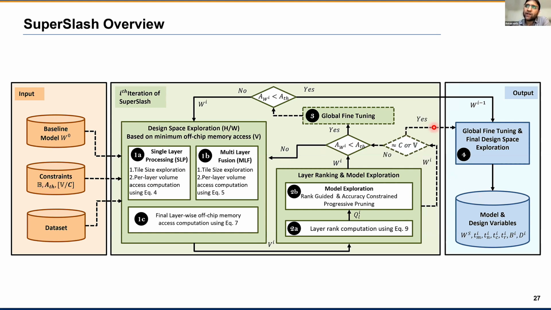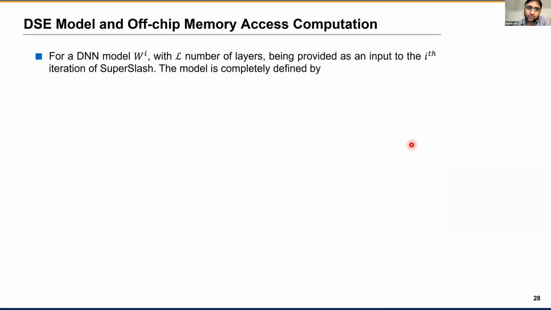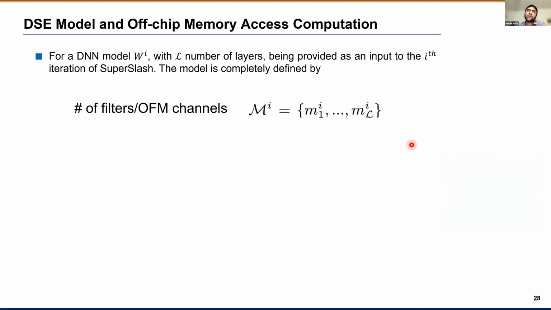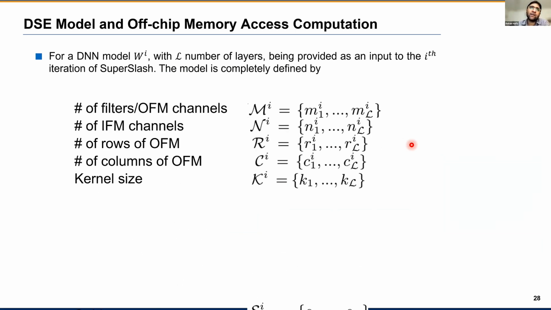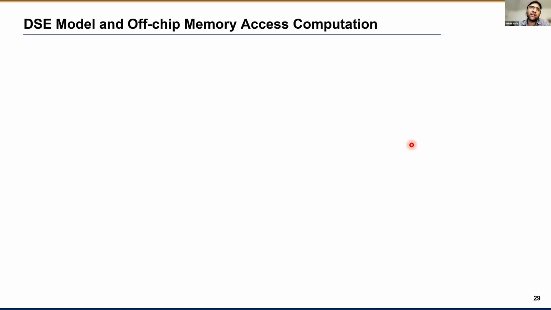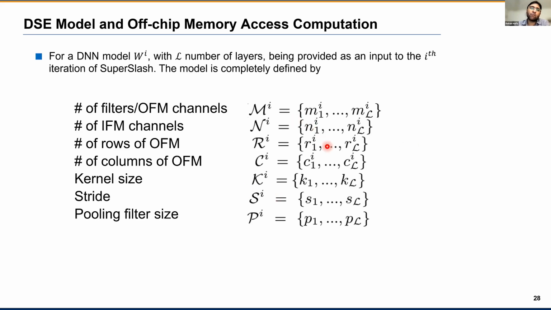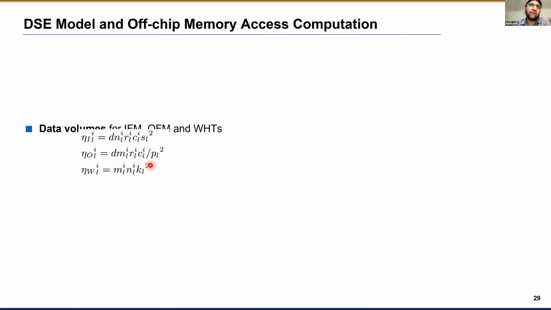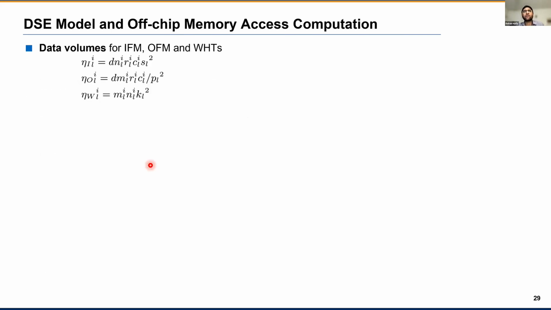And then we can also have additional constraints depending upon the pruning ratio or the excess volume. Behind all this methodology, we have a mathematical model where we model the number of filters, the input channels, rows, and columns, and all the network information.